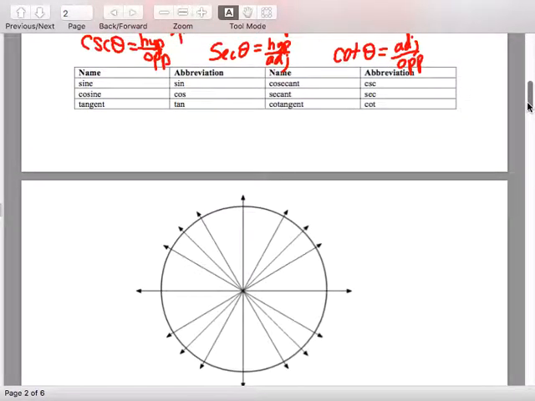We're just going to do a few of these because we'll do the whole thing on the back. If I have 0 degrees, that's 0 radians. I have 90 degrees, pi over 2.